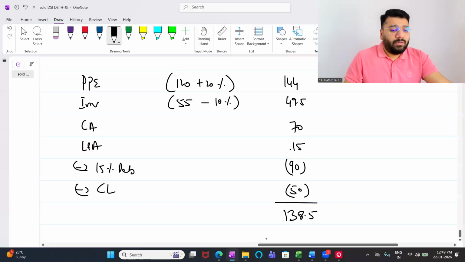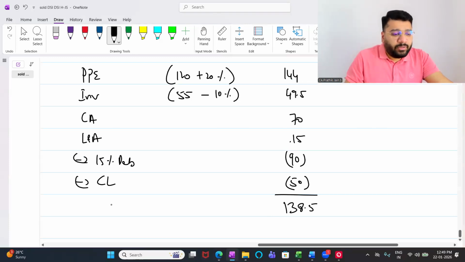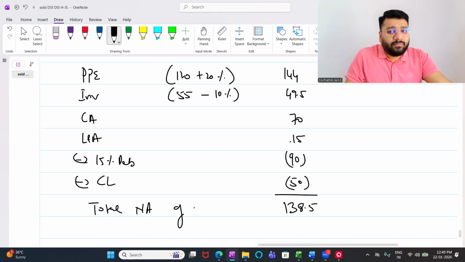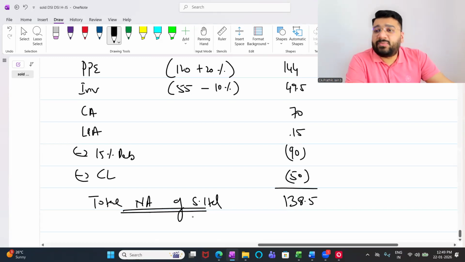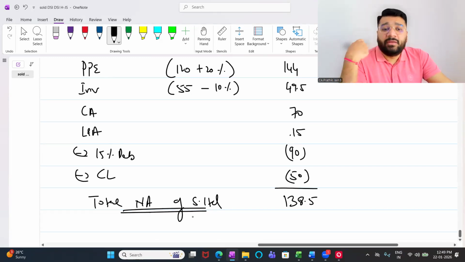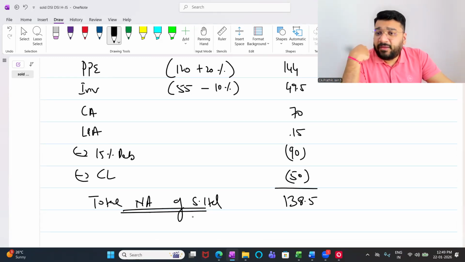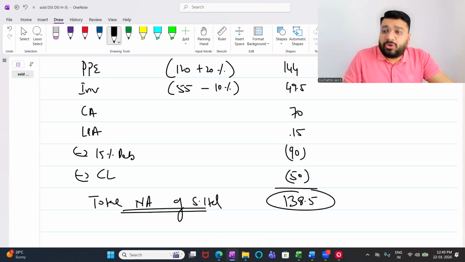Okay. Now my question to all of you, this is called as what? Total net asset of S Limited. Don't take this 138 and put it there. Please understand, we don't own 100% company. We have the ownership only to the extent of 70%. So entire net asset does not belong to us. Only 70% belongs to us.